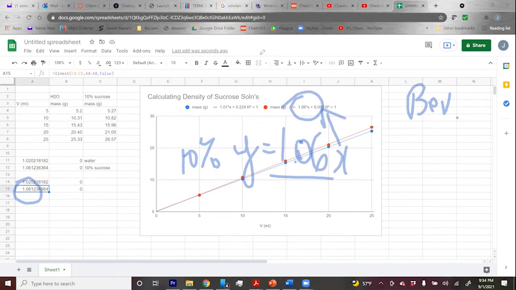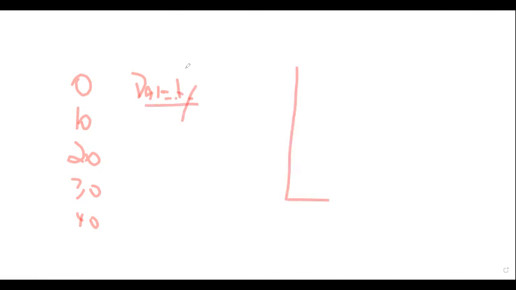And then the last thing you will do is take all of your densities, so your 0, 10, 20, 30, 40, 50, 60, and your densities, and you will plot them. Percent sucrose on the X and density on the Y.